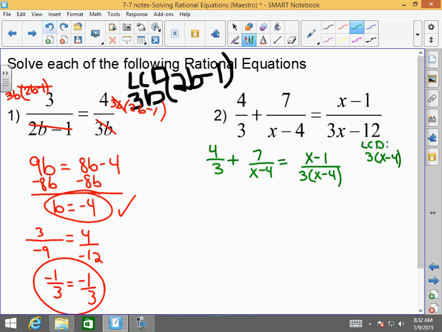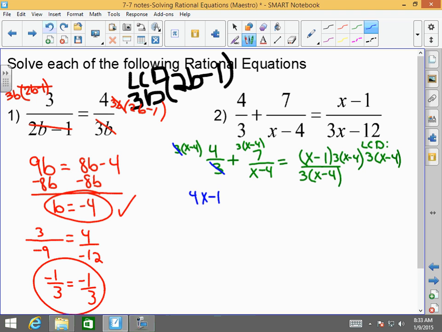But I want to show you that you're multiplying it to every single numerator. So here you're going to multiply a 3 times x minus 4, here a 3 times x minus 4, and here a 3 times x minus 4. Now, why do I do it that way? Because in this first part of the equation, the 3's cancel. So what am I left with?